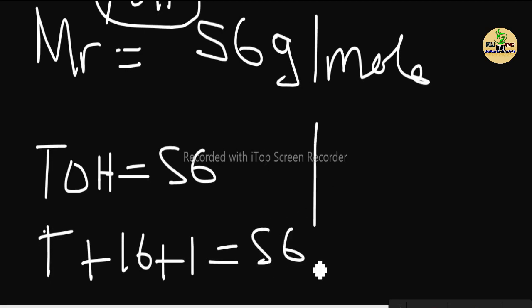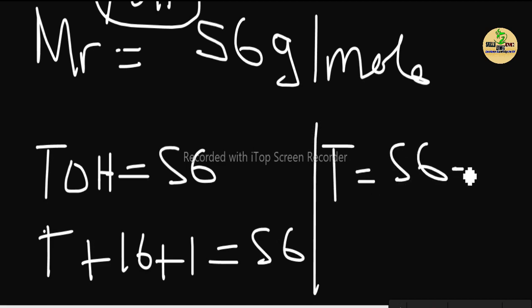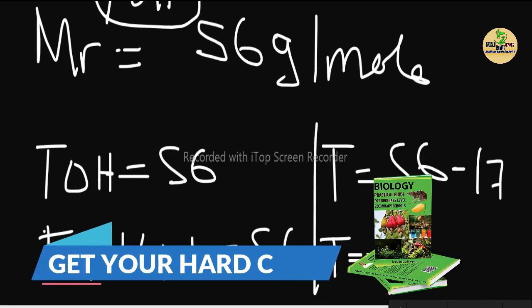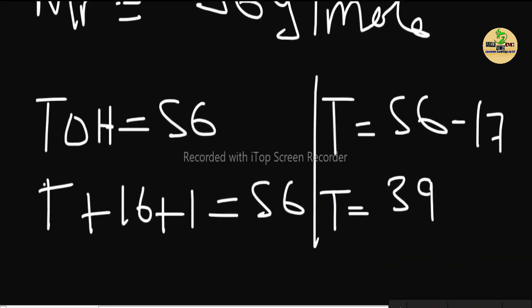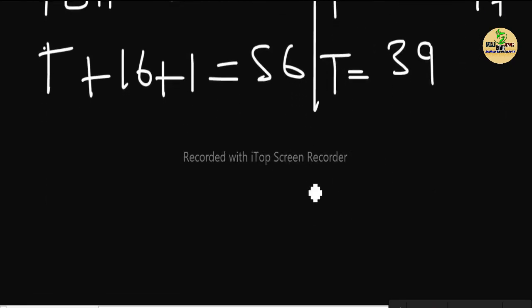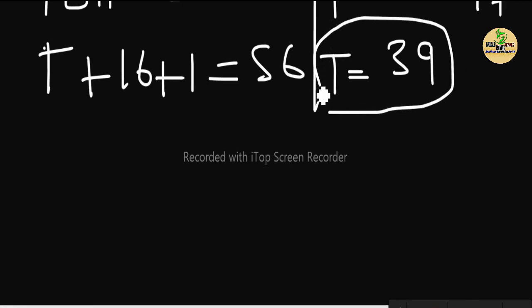So t is equal to 56 minus 17. So t equal to 39. And when we look the value of this one with atomic mass, we say T is equal to potassium.